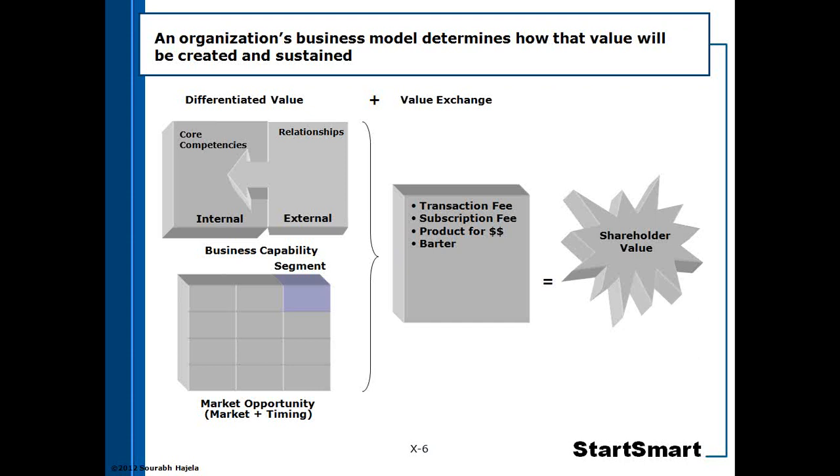So by definition, every single organization in this universe has a differentiated business model. This is a critical aspect, and that is why I believe that this is the core, the center, the anchor of any strategy, business or IT.